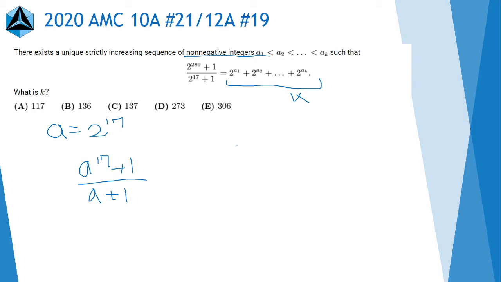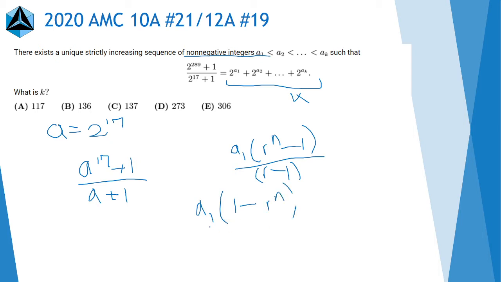We should know that that is the initial term times r to the n minus 1 over r minus 1. You can also write this as a times 1 minus r to the n over 1 minus r, just because of negatives.